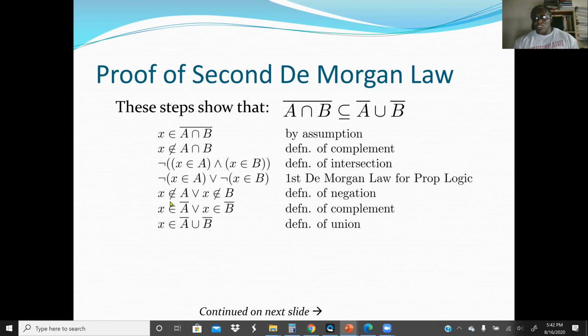Then we know that S doesn't belong to A or S doesn't belong to B. We already changed the intersection because we use the negation for everything. This is the same as writing it in this form. Then we break it into two. So we negate everything inside, and we change the negation of AND to OR.